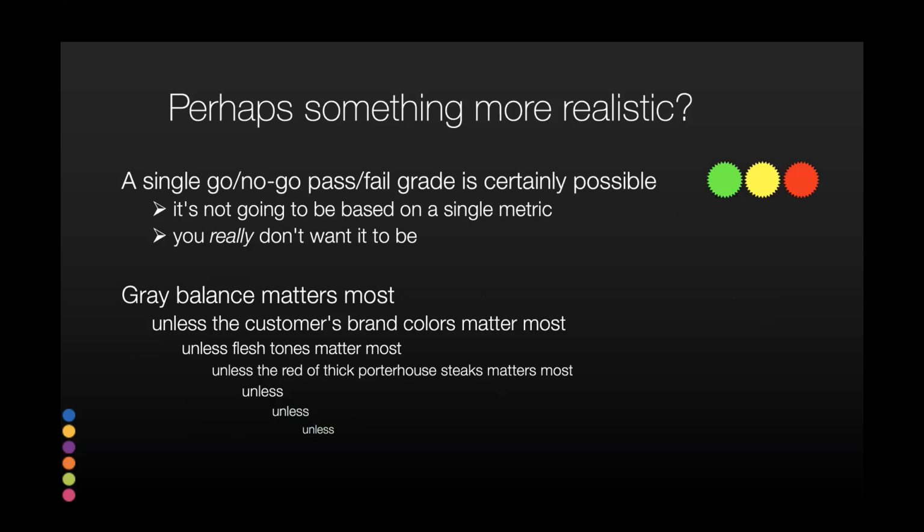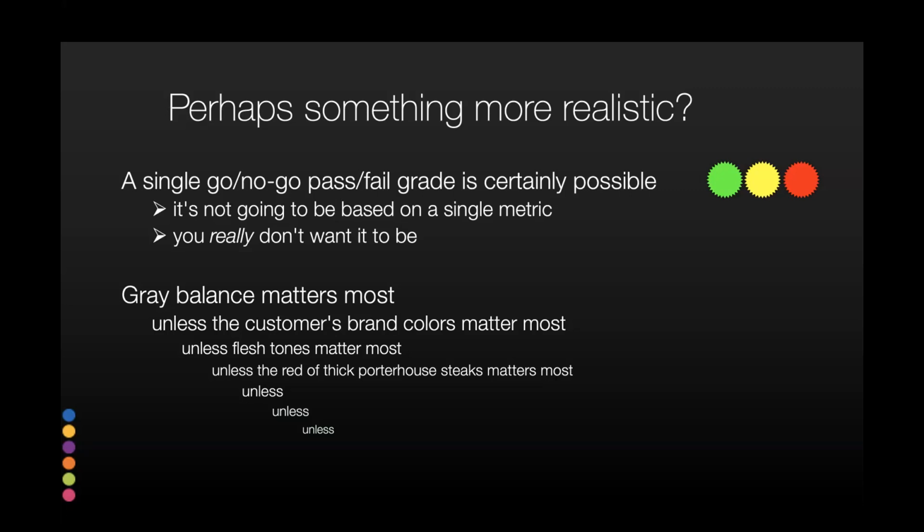So a single go, no-go, pass-fail grade is definitely possible. And most process control systems will offer that, including ours. But it's not going to be based on a single metric, and you probably don't want it to be. The idea is gray balance is important.